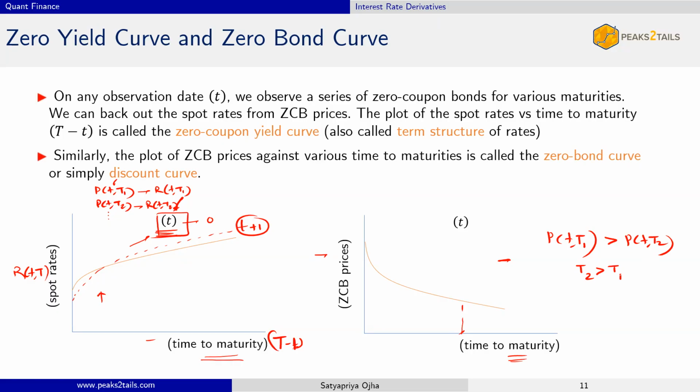All right. One note here. You normally have a discrete set of points. You don't have a continuum of liquid prices. That will never happen. You have maturities at different points, right? 1 month, 2 month, 3 year. So you extract the spot rates from the liquid zero coupon bond prices.